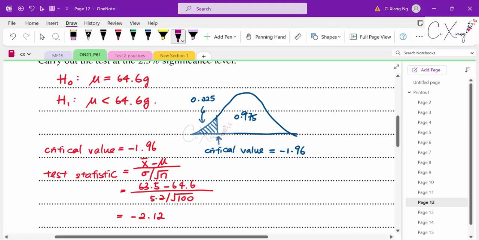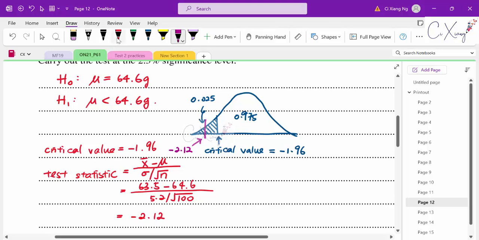You can see that negative 2.12 falls under the rejection region. According to the value of Z, negative 2.12 is less than negative 1.96, so it falls under the rejection region.